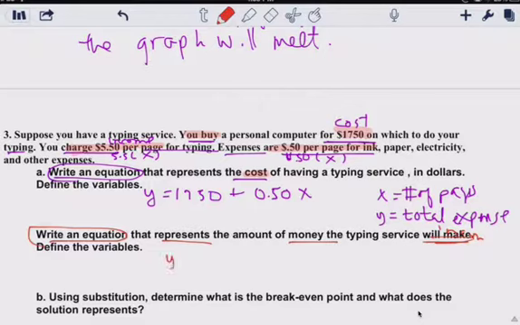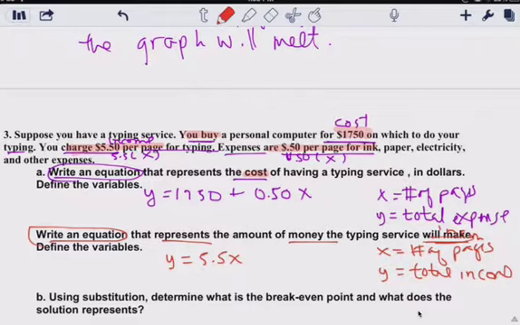So y equals 5.5x, x is the number of pages, and y is the total income.